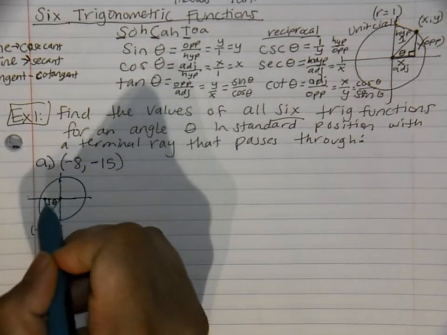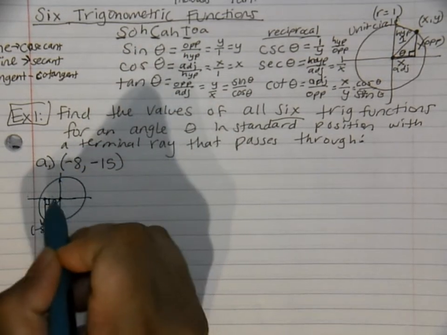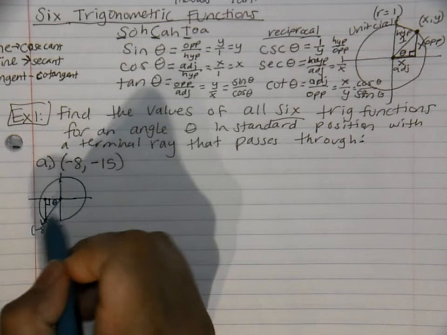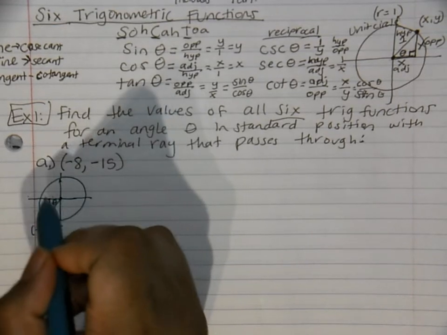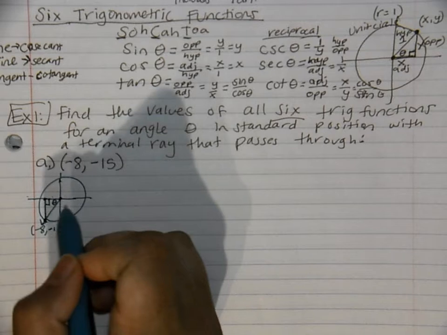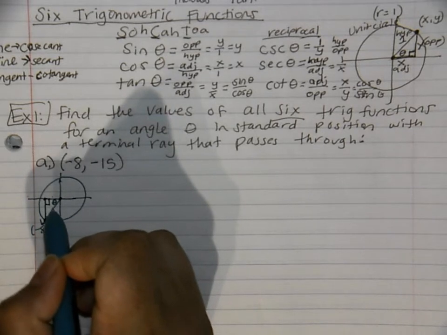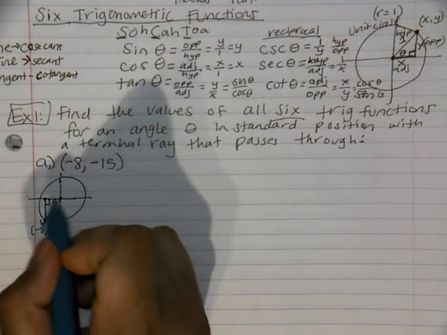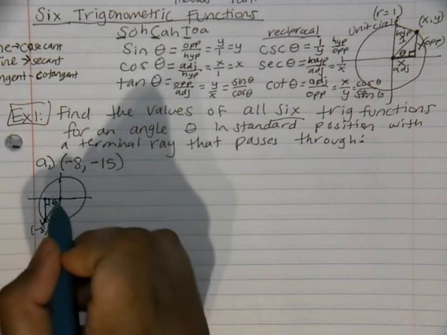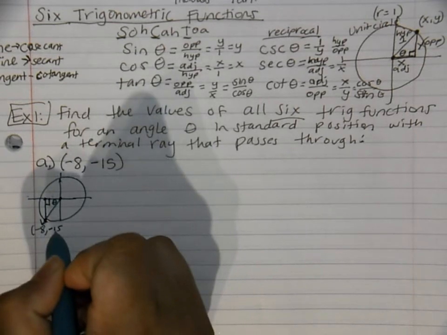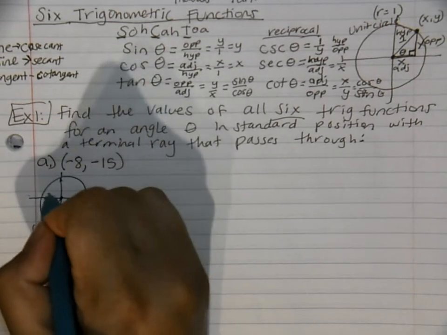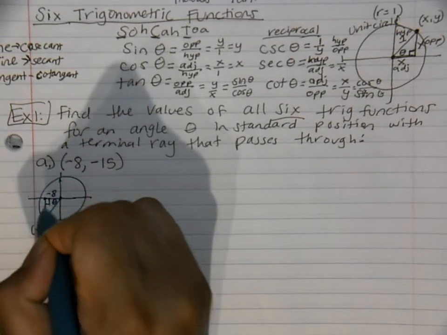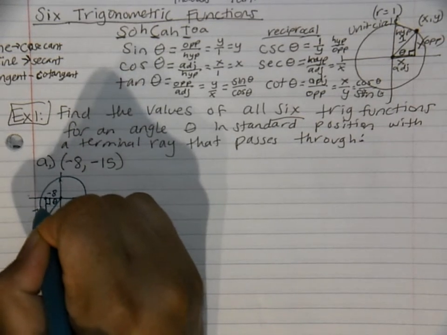Theta doesn't have to be measured from the horizontal necessarily, but wherever the right triangle starts. So there's theta, and if it helps you, I would really label your sides, because to get to this point -8, -15, I had to go left 8, so -8, and down 15.